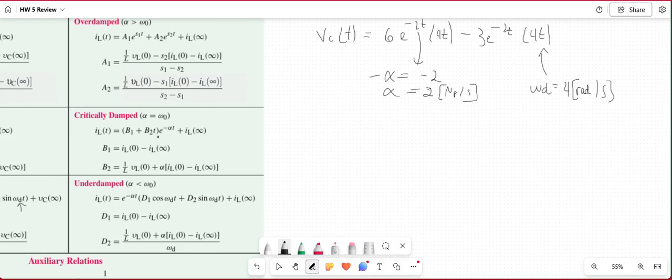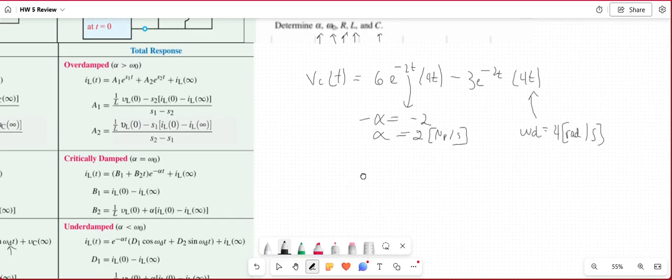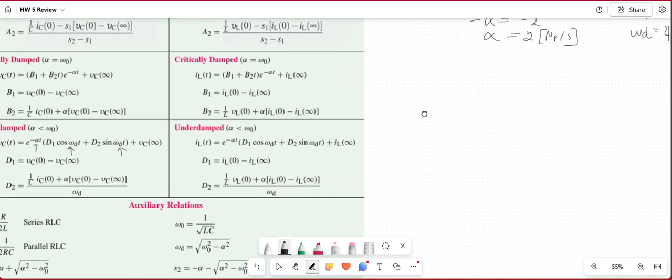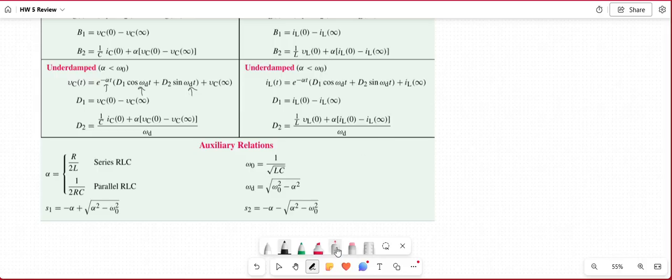Now we have alpha and WD, and we still need to find W naught. So if we come down here to these equations, we look for an equation that has alpha, WD, and W naught in it. We can use this equation here.